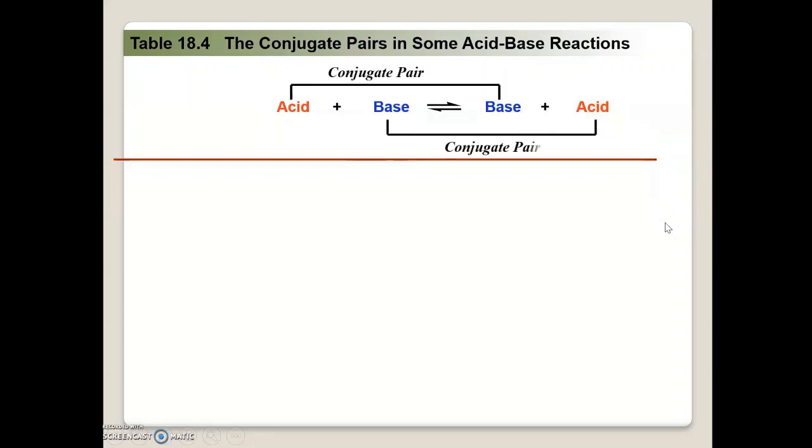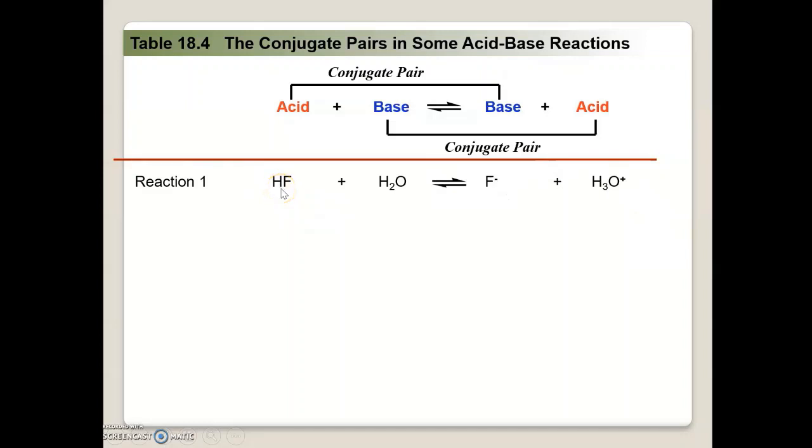Example, we have a reaction between HF and H2O. It produces fluoride and H3O+. During this reaction, HF donates H plus to H2O. So HF is an acid, and H2O receives H plus, so it is a base. Then F minus is the product of HF.